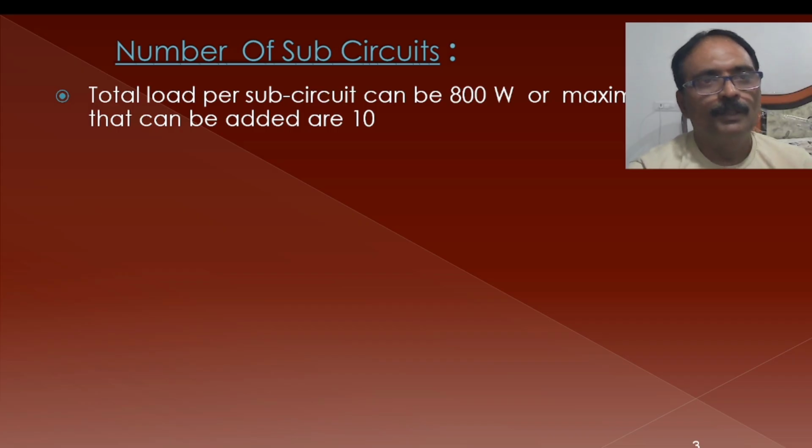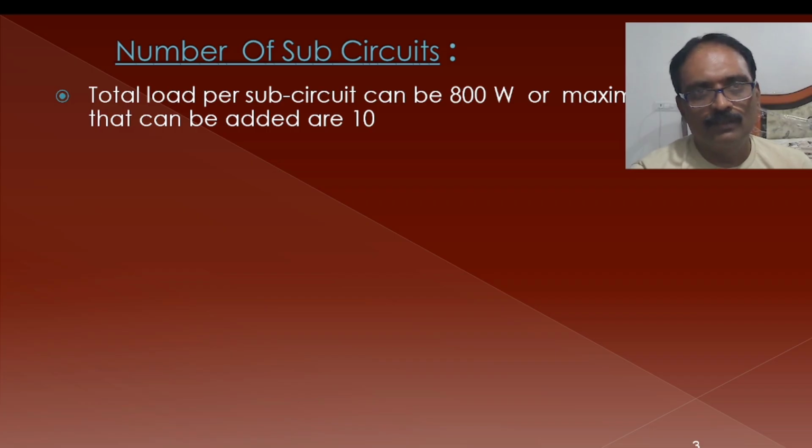Now the first thing is we have to design how many sub-circuits are required for the installation. For lighting load, we have to consider 800 watts or 10 points for each sub-circuit.